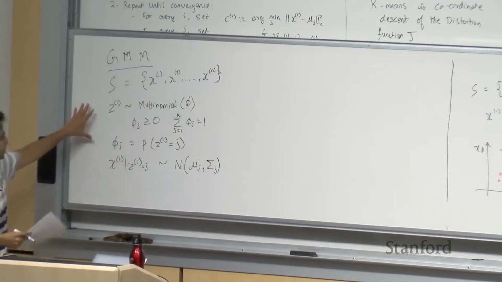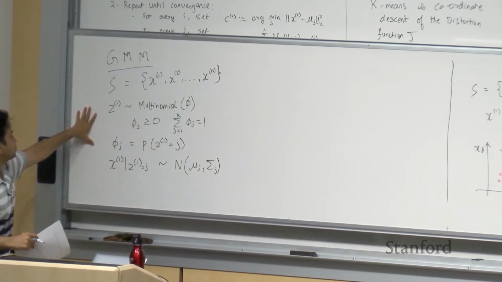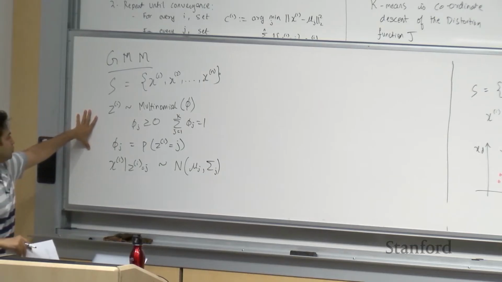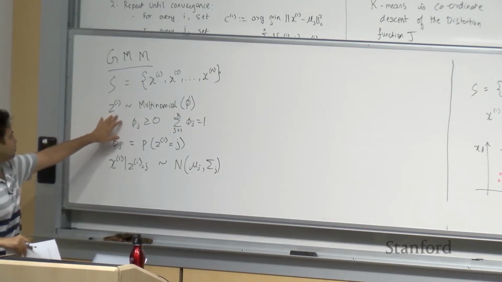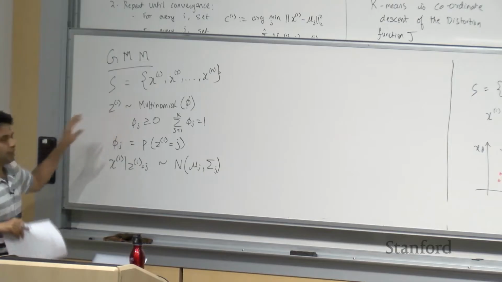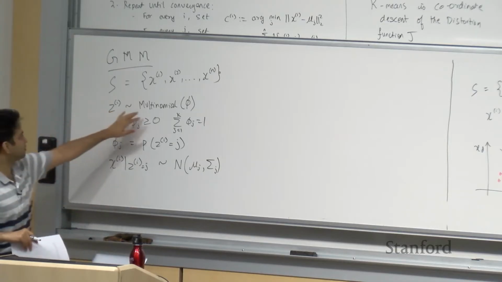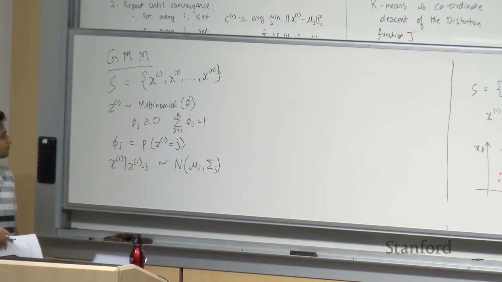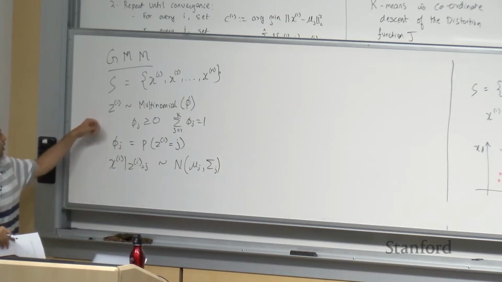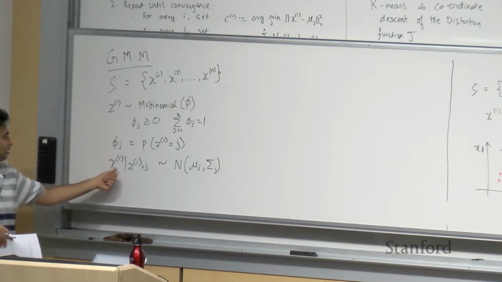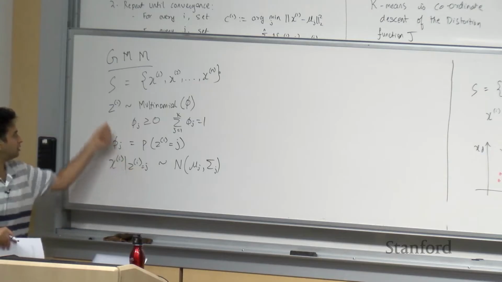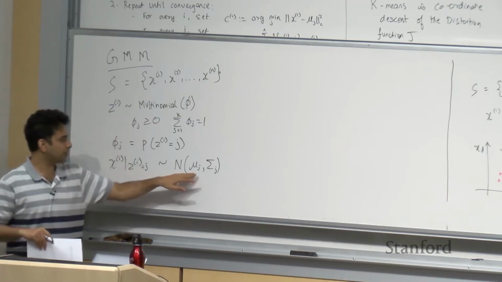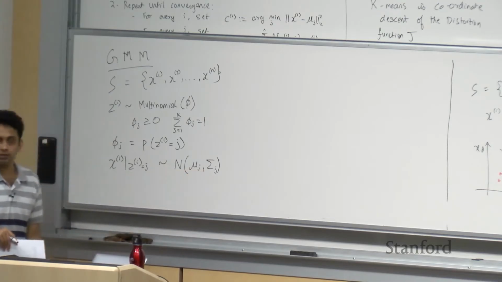Right? So this is describing the model. So the way we assume the model works is that first we sample the class identity z from some kind of multinomial distribution, right? And then once we have sampled the identity, we generate an observation x conditioned on the z value that we sampled, from some particular Gaussian distribution with mean mu_j and covariance sigma_j.